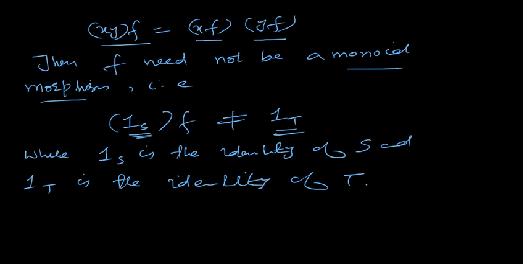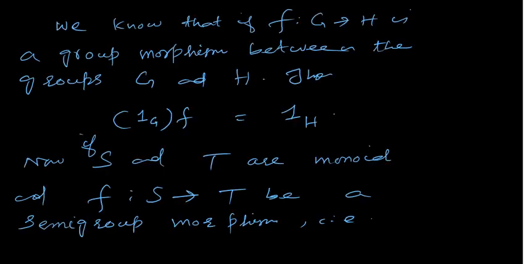ठीक है. So let's see in case of groups, why this f of identity is equal to the identity, why it's true in case of groups. Why the image of E is E, where this is the identity of domain and this one is the identity of codomain, is true in groups.